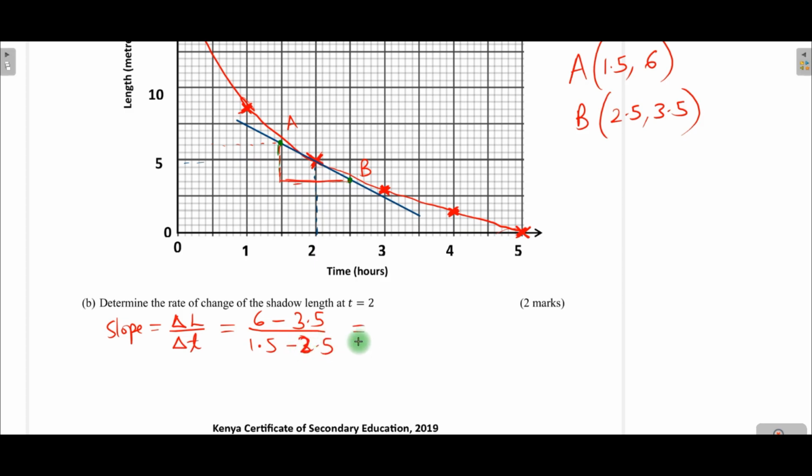If you work it out, 6 minus 3.5 gives 2.5, and 1.5 minus 2.5 gives minus 1, therefore we get minus 2.5. That is the gradient, which is in meters per hour. So that is the rate of change. The negative means after every hour it reduces by 2.5 meters.